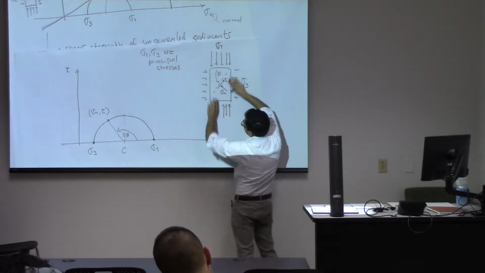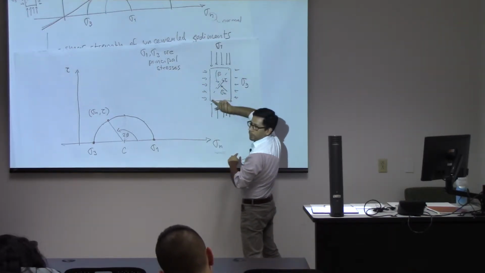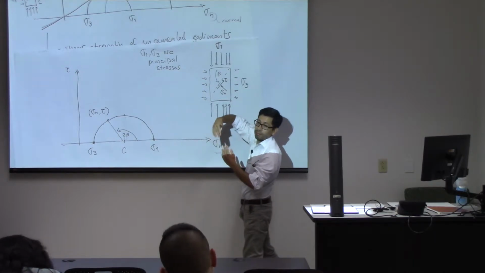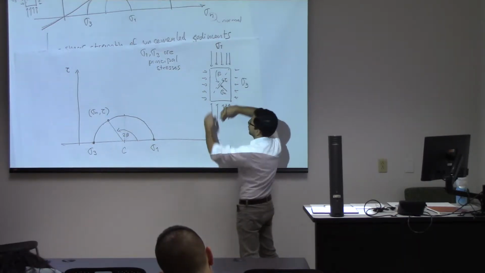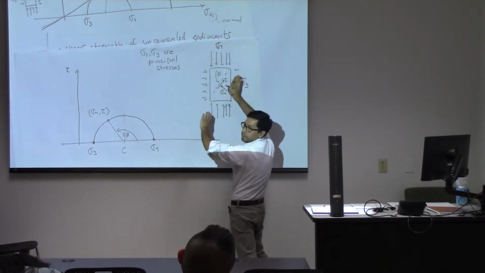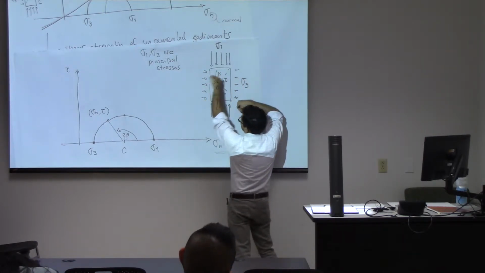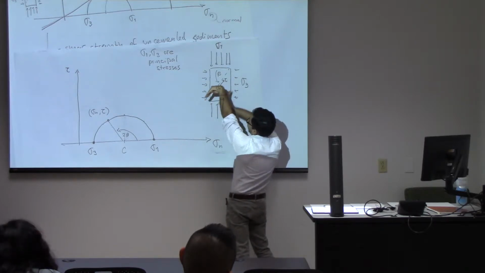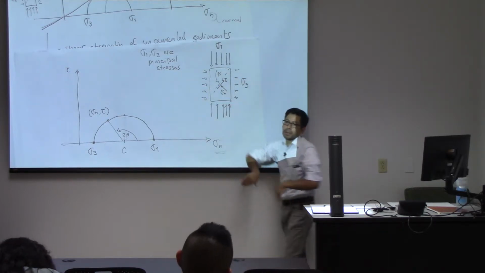Can you see that, imagine for a moment that this plane is actually a fracture and it's cut, it's already broken. So this face will go down and this one will go up. So shear stress will be one down, one up, like that.